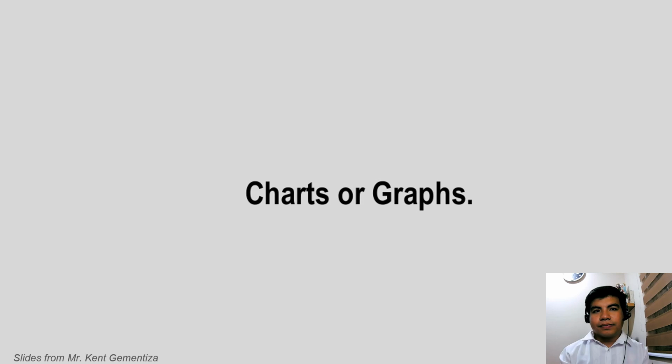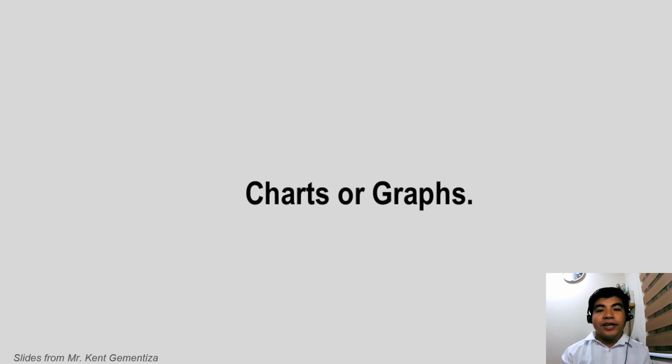Examples of nonlinear. The first example is charts or graphs. Now, I know that you are familiar with this because since you were in elementary, you have been exposed to this kind of visual representations.